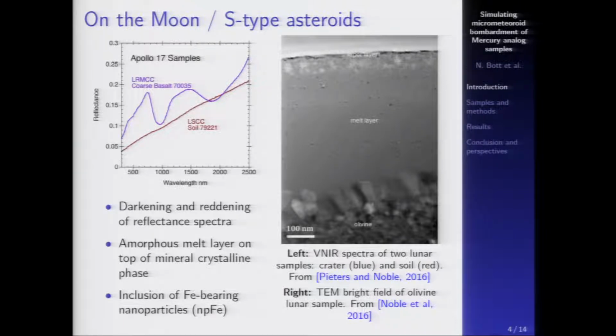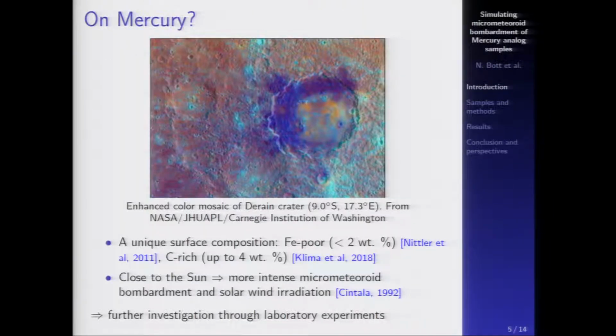We can also often observe a vapor layer on top of this melt layer. And lastly, we can observe the inclusion of iron-bearing nanophase particles in the melt layer. As we can see here, there are some small dots that are these nanoparticles. So this was for the moon or S-type asteroids.